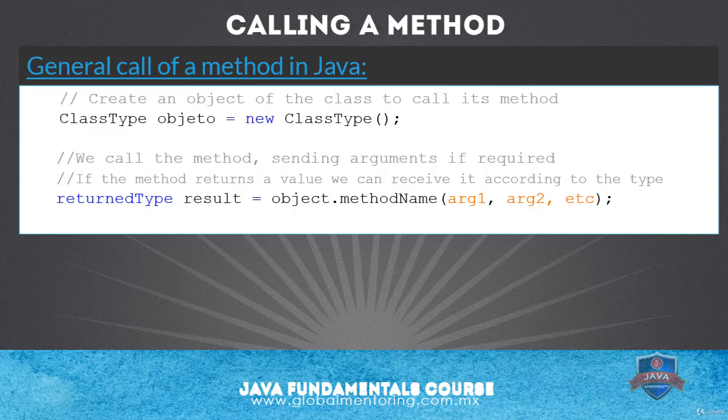And finally, if the method was written to return a value, it is optional to receive it with a variable of the type that the method returns. We should note that the type returned by a method does not have to be the same as the type of arguments received. For this, we must observe the signature of the method that we are going to use. So we have to remember the signature of the method that we're going to use.